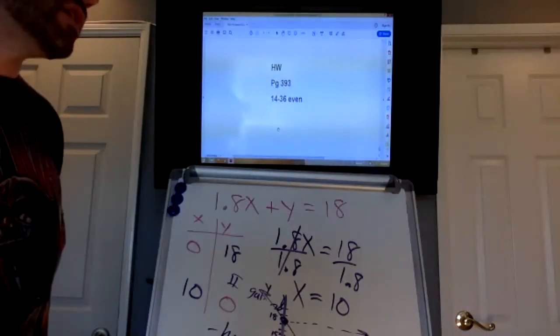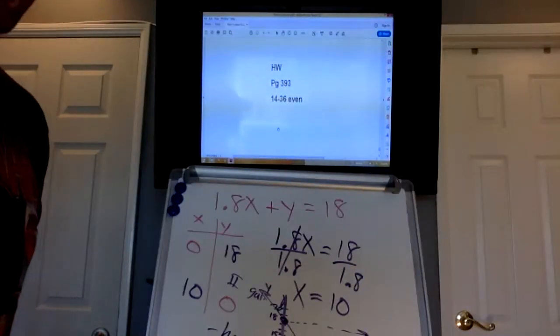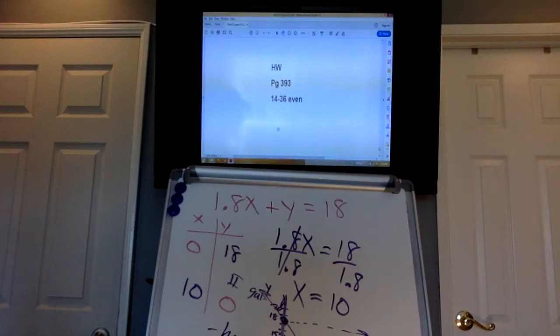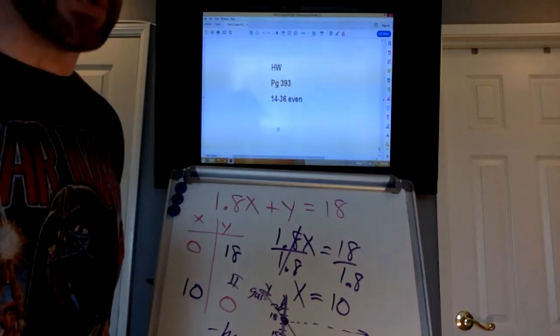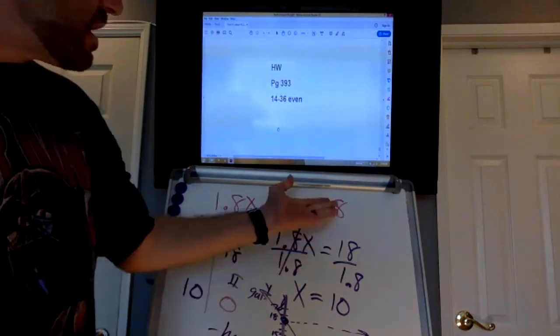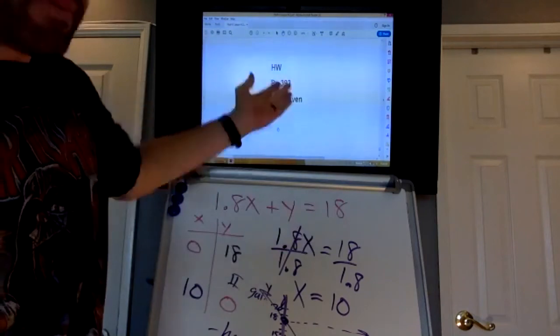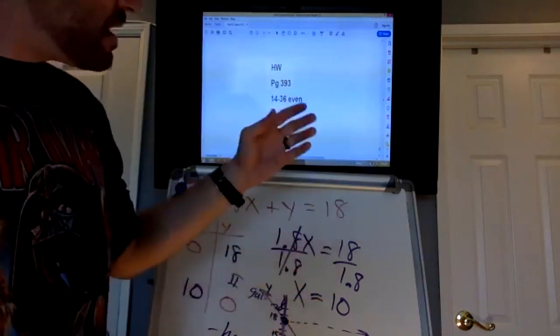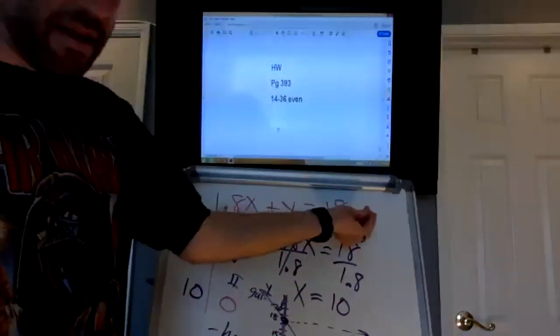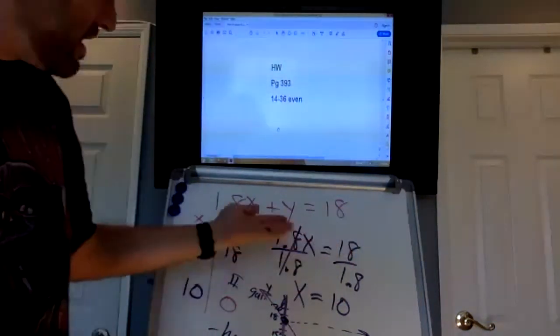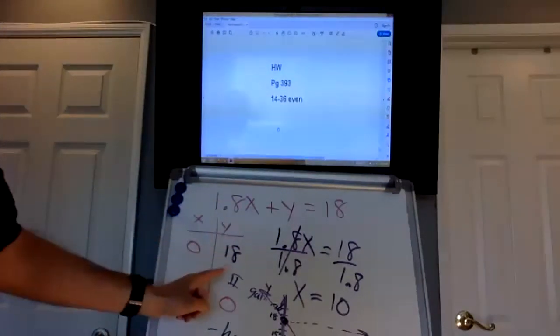A function machine is where I put in an input for X and I get out the value of the function. So H of -3 means that I put a -3 into the H equation. There was an equation here, but I just made it up on the board, so it's gone. But for H of -3, I plug the -3 in and I get an answer. Just like we did here, you plug in and you get an answer.